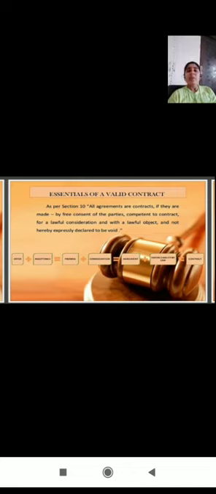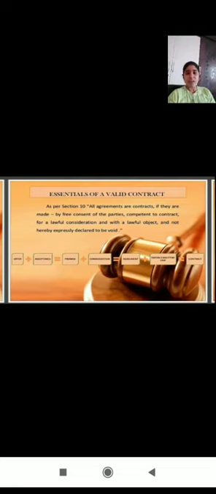Before going to that, according to Section 10 of the Indian Contract Act, we have one statement: all agreements are contracts if they are made by the free consent of parties competent to contract, for a lawful consideration and with a lawful object, and are not hereby expressly declared to be void.